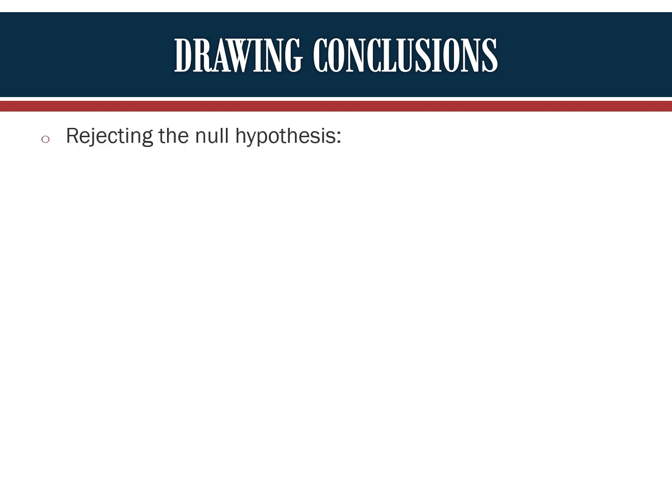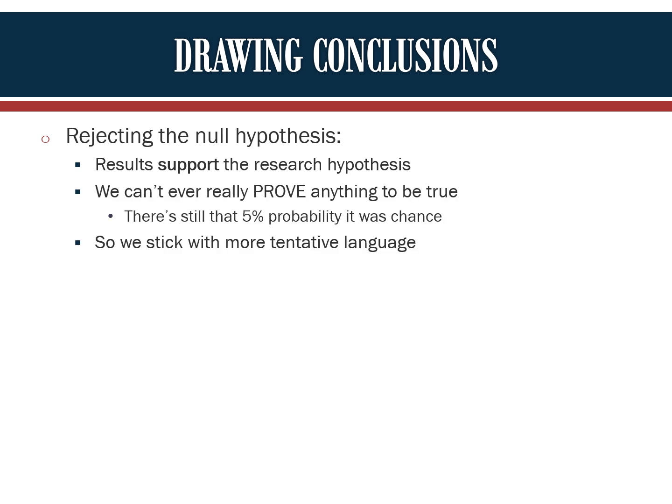All right, now a little more detail about rejecting versus failing to reject the null. If we reject the null hypothesis, that means that our results support the research hypothesis. Importantly, though, we can't ever really prove anything to be true. We talked about earlier, there's still that 5% probability that it was chance.